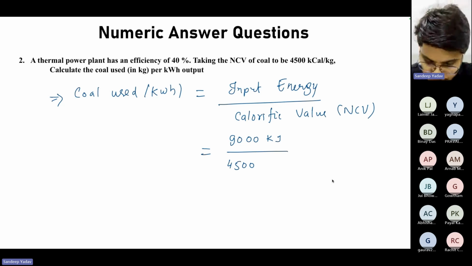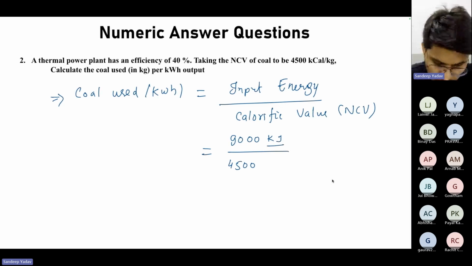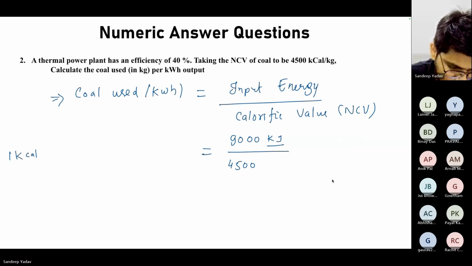To convert that into the same unit, kilojoule, 1 kilocalorie per kg can be converted to 4.18 kilojoule per kg.